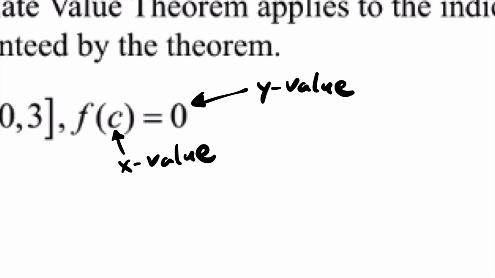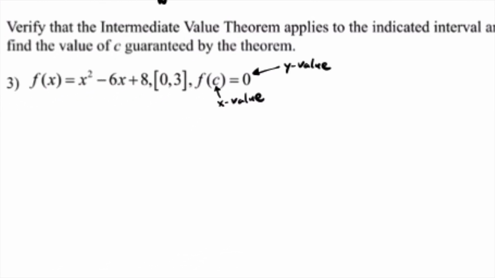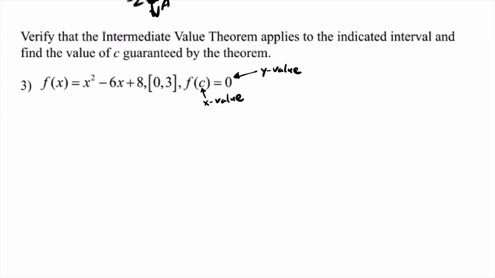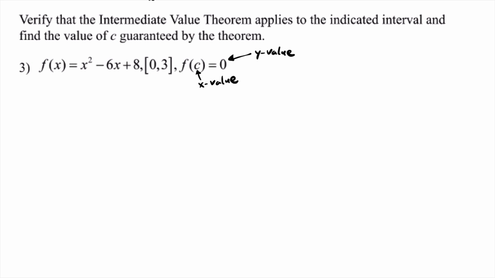So what do I have to do here? What's the question asking? We've gone through all the parts. What is the question asking? Okay, but instead of f of c and f of x, explain to me what that is. Kinda.